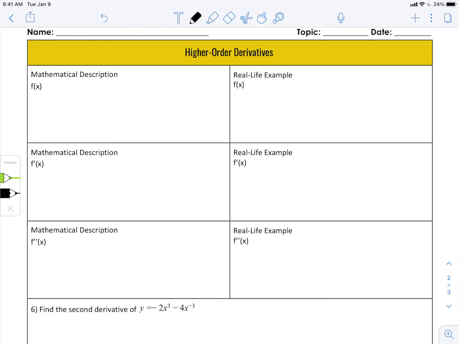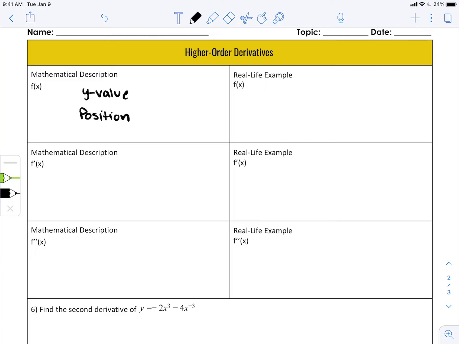So when we're given a mathematical function f of x, when you put an x value in, the output is a y value. We can think about this y value as a position. For our real life example, I'm going to think of something that all of you are familiar with, which is driving in a car.